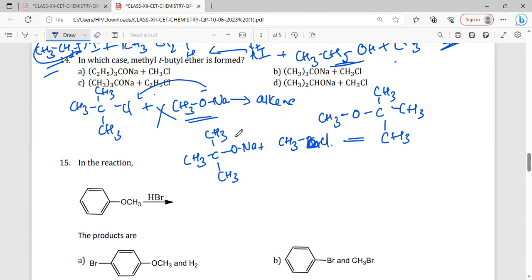Now this will act as a nucleophile and it can attack the smaller methyl. This way I can get CH3OC(CH3)3, right? So I can get methyl tertiary butyl ether from this particular reaction. So do we have this option?